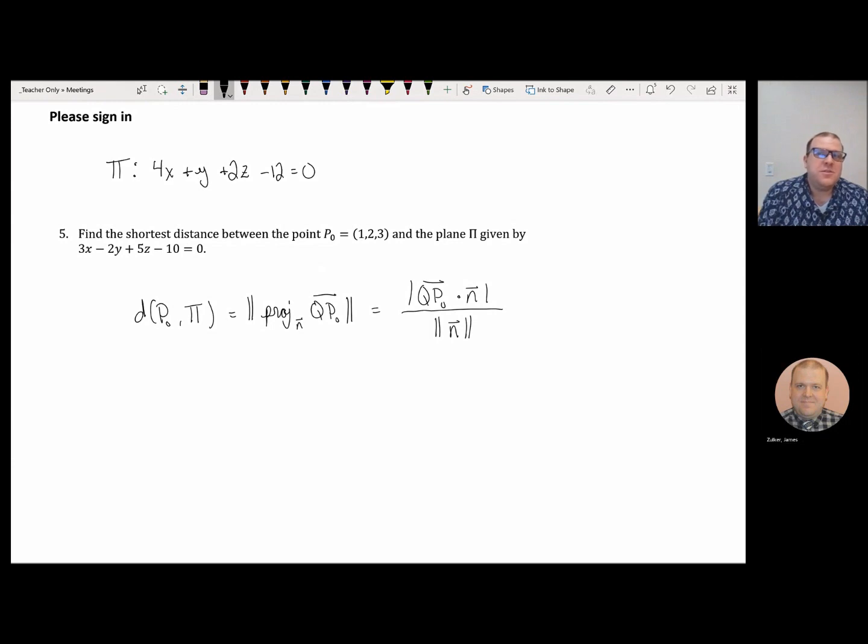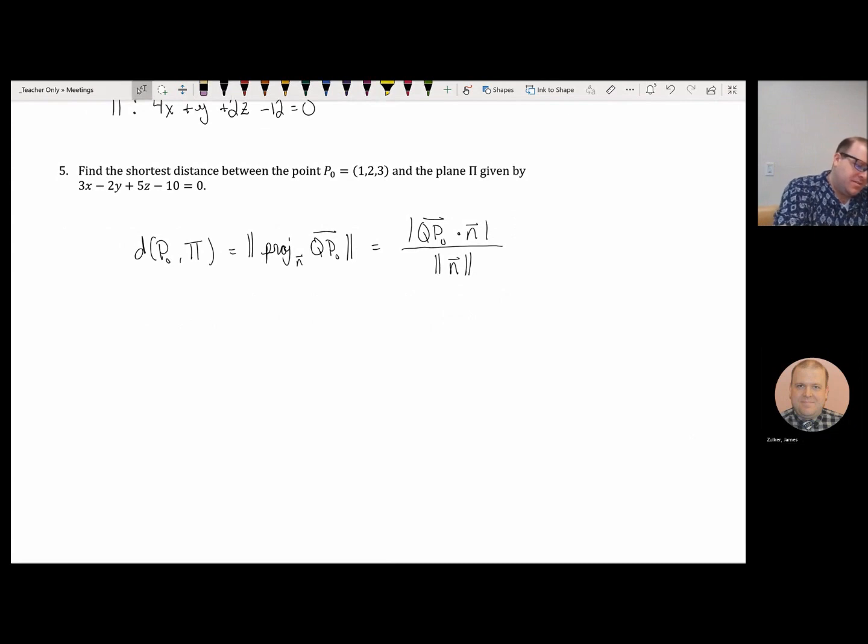We need Q. Remember, it's any point on the plane. Isn't 0, 0, 2 on the plane? So why not use that for Q?